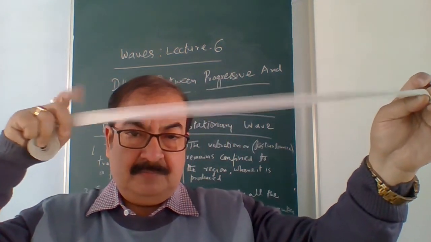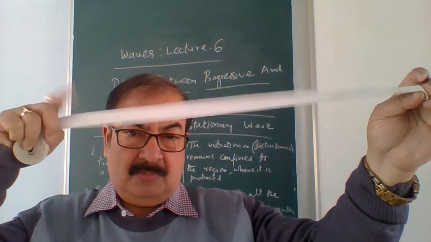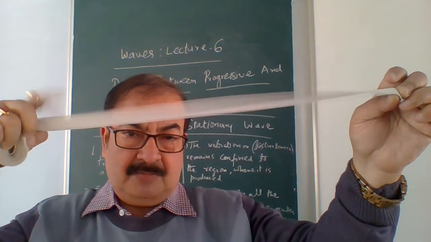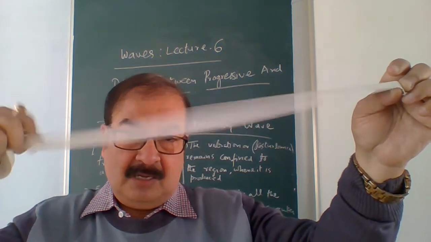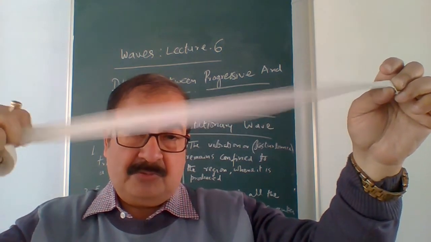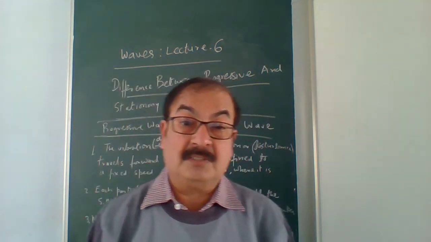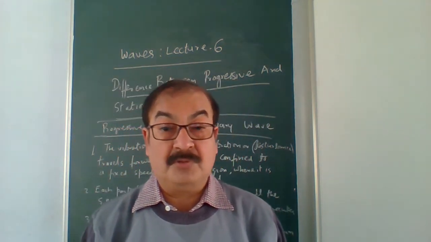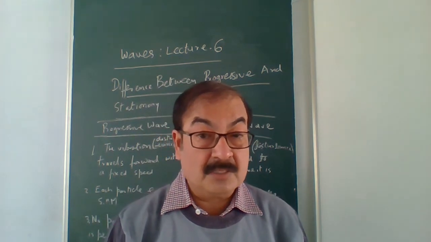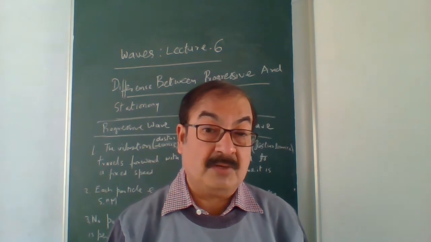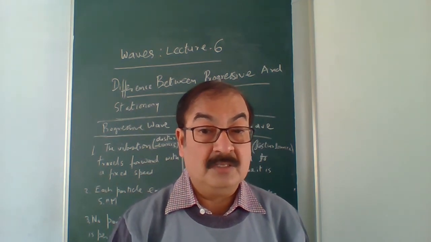I am not stretching it, just making a jerk. That means vibration is there, and there is always some point where nodes and antinodes are produced, and there we can see one type of motion, that is the stationary wave.